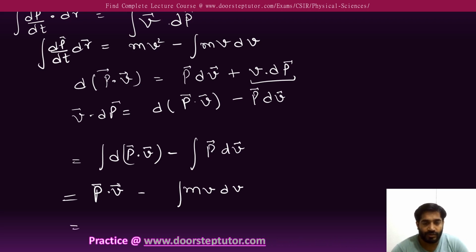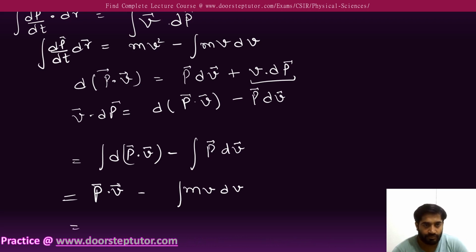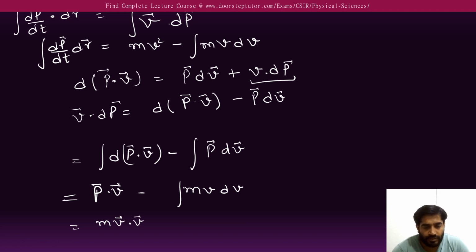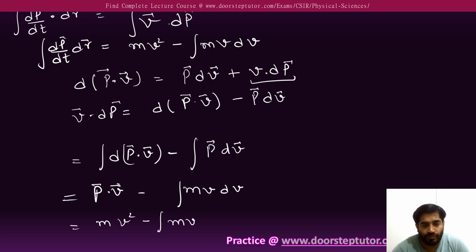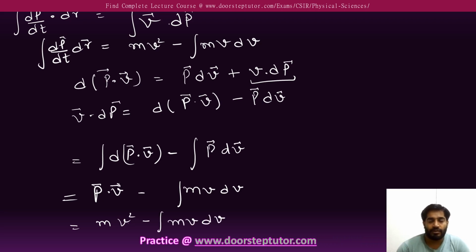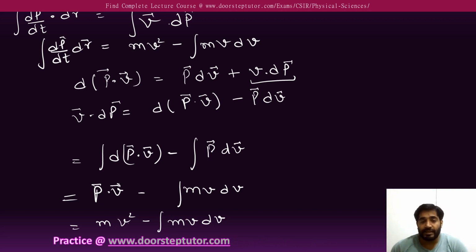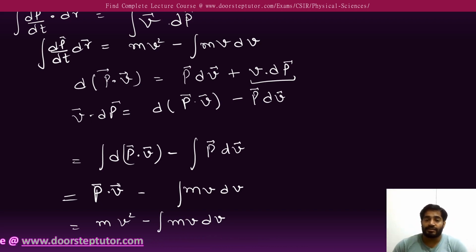Here also we can put the value of p, so it's m v times v, and this v times v becomes v square, and this is m v dv. Now don't integrate simply, because here the mass is varying, and we will see how the mass is varying.